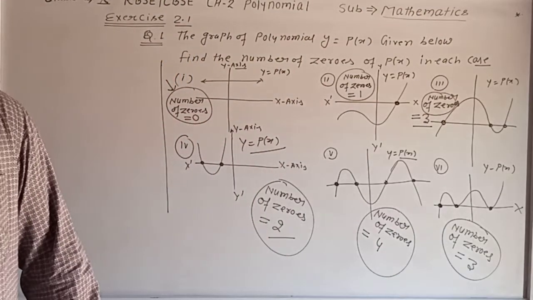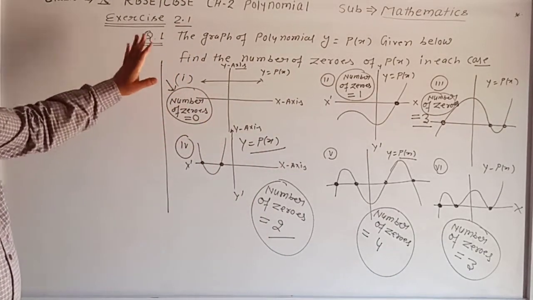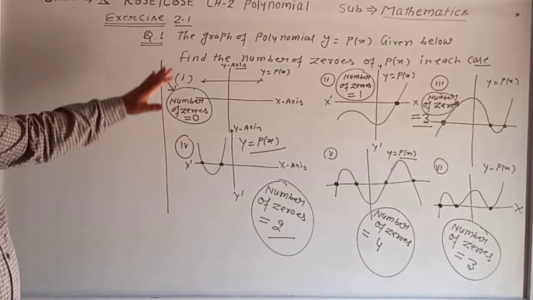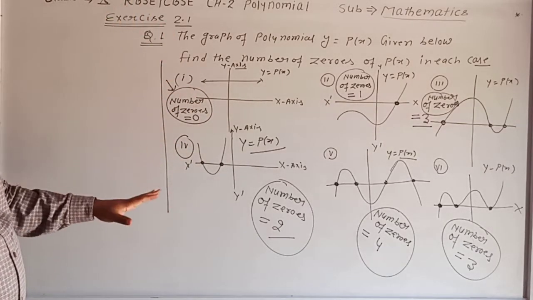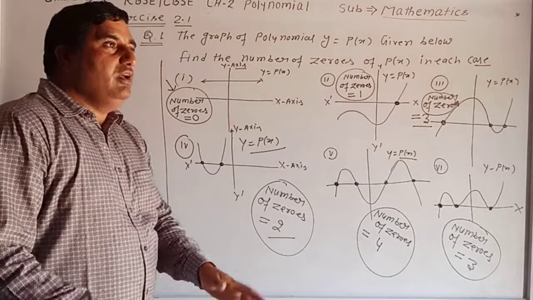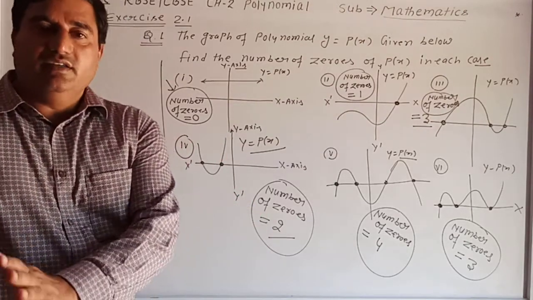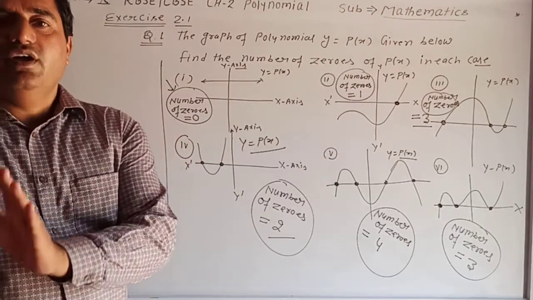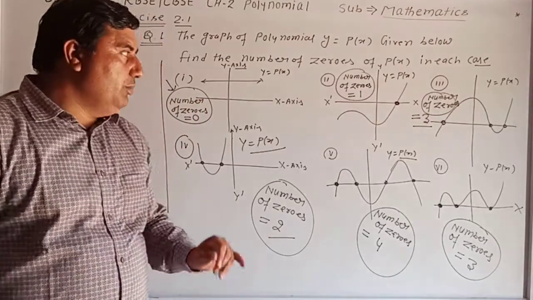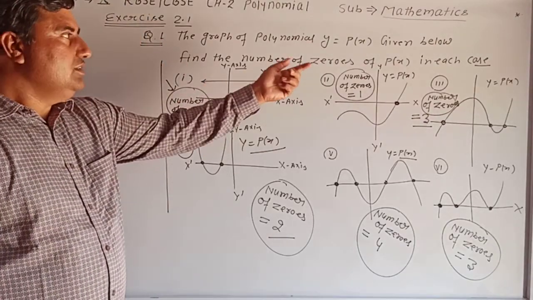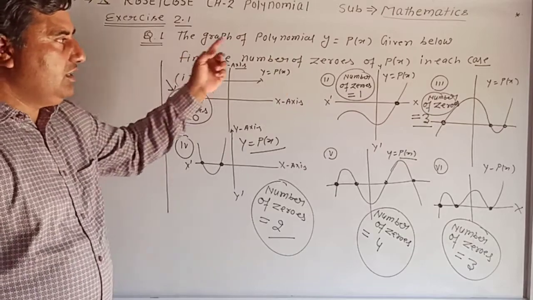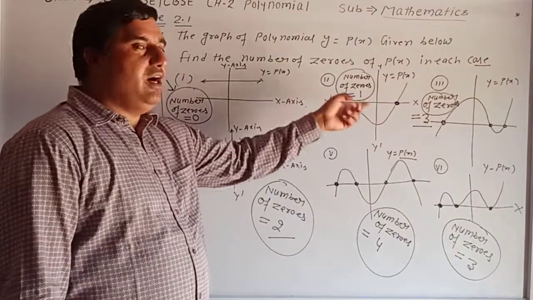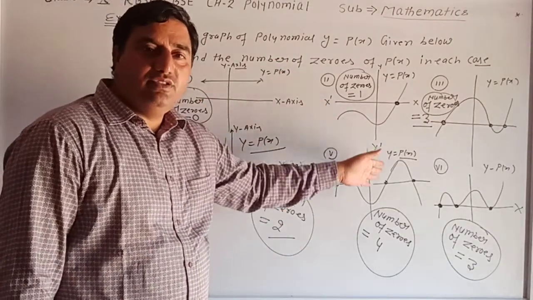Exercise 2.1 has only one question. This question only asks to find the number of zeros from a given graph of a given polynomial. The number of times the graph intersects the x-axis equals the number of zeros.